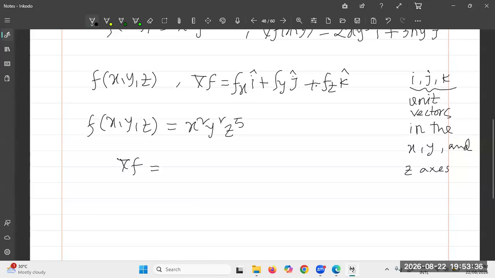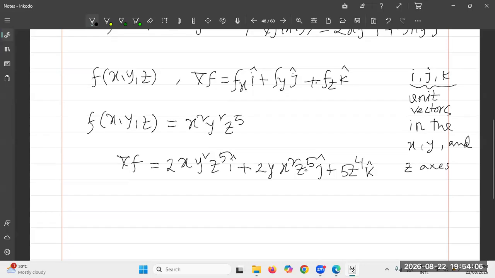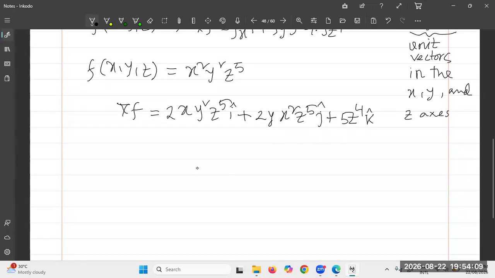So this is 2x y square z to the power 5 i, plus 2y x square z to the power 5 j, and 5z to the power 4 k cap. So this is basically a transformation from a scalar function to vector format.